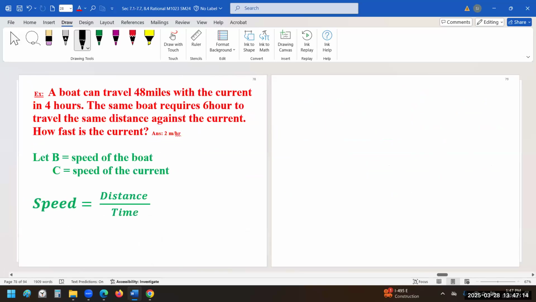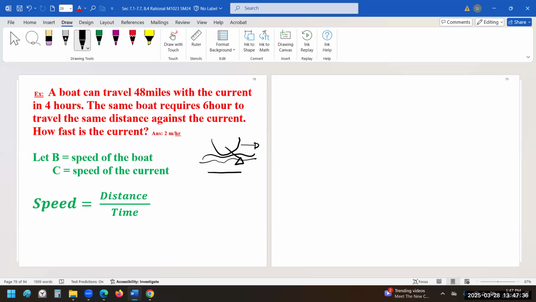No problem, this question. So this is your current, this is your water. You are here, you're rowing, and then you're going with the current.